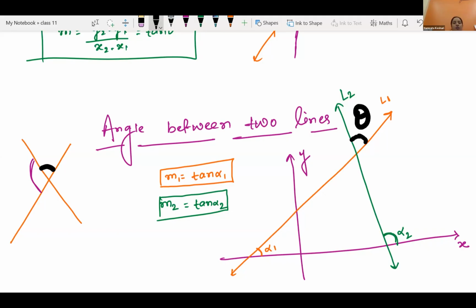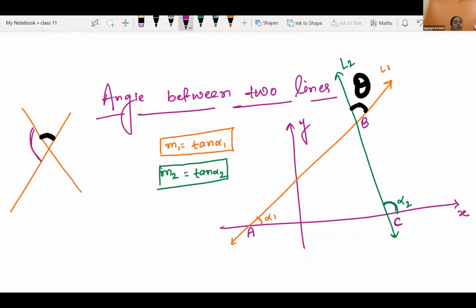Can you see a triangle over here? Triangle ABC. In this triangle ABC, by using the exterior angle property, can I say if that is theta, this will also be theta by the vertically opposite angle? Of course, this will be theta. And we are trying to find what theta is.